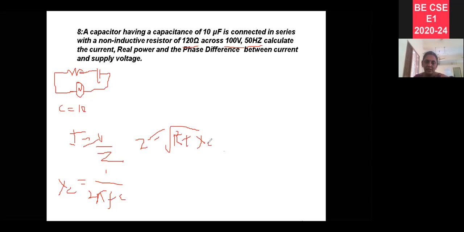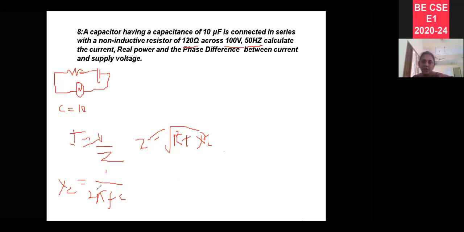Find out and tell me the impedance value. Tell me fast. Only one answer. Right, I will tell you the answers.